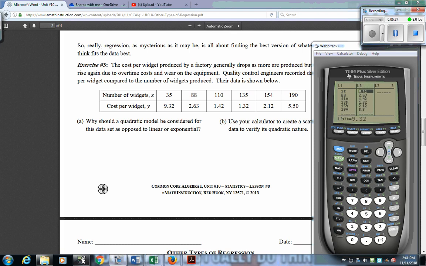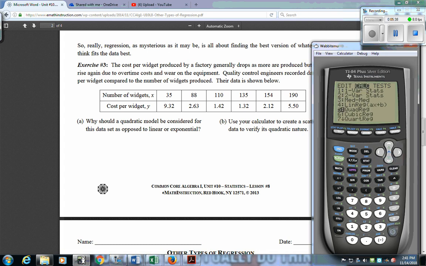So I'm back. I have my numbers in from the table. They're asking why a quadratic model should be used. One way to determine which model should be used, and this is when we talked about quadratic, if you go to calculate, you're going to see a value. In this case, they give you an r squared.